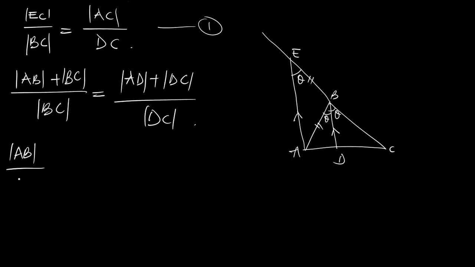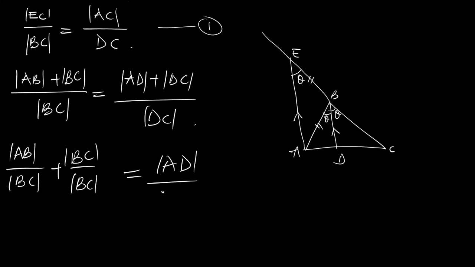So the expression at the right hand side can also be written as AB divided by BC plus BC divided by BC equal to AD divided by DC plus DC divided by DC. Now, you can see that this divided by this is 1.